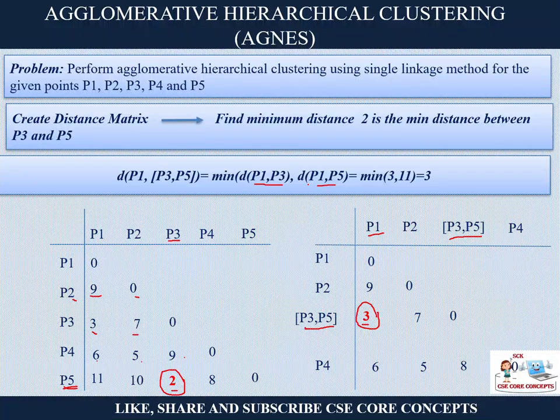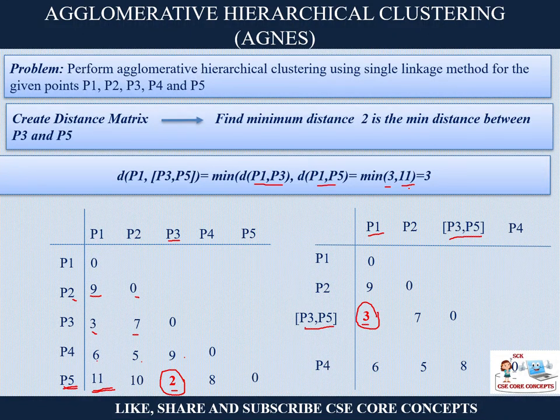The distance between P1 and P3 was, sorry, 3, right? And what is the distance between P5 and P1? In the original matrix, what was the value? 11. So you have to find the minimum value between 3 and 11.